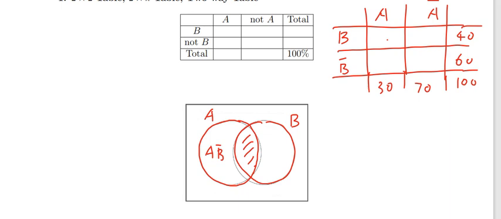This part is B but not A, A bar B, right? Outside is A bar B bar. So we separate the whole thing into 4 parts, just like here we separate into 4 parts.